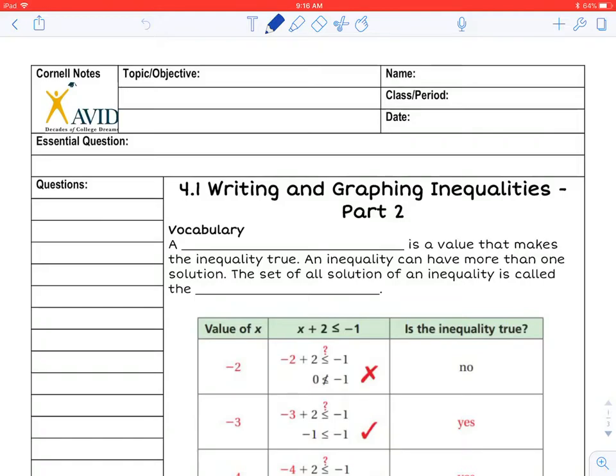Part 2 is all about the solution sets of an inequality. One of the things that we're going to see is that the solutions to an expression, to an equation, and to an inequality are all different.